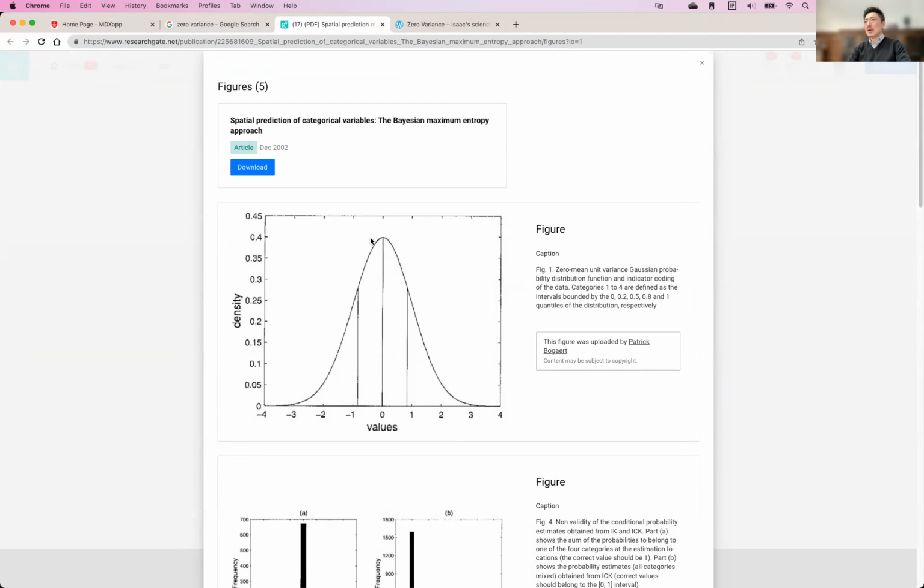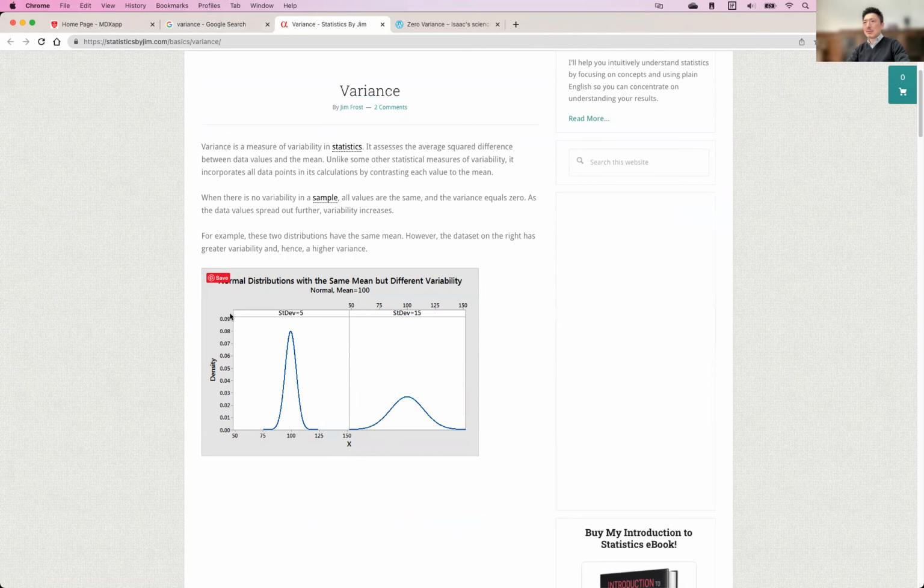If you look at this one, I have these two distributions. The x-axis is the value, and the y-axis shows how many points have that value. One is taller and narrower, the other is lower and wider.